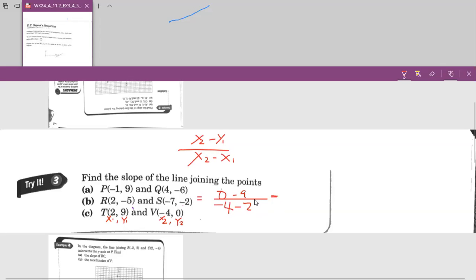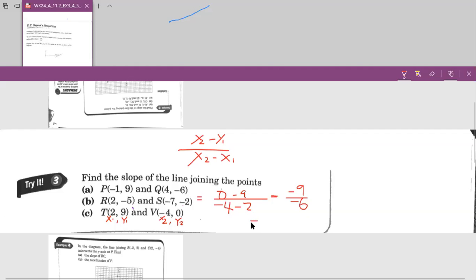So what is the answer for 0 minus 9 on the top? Negative 9. Excellent, negative 9 over negative 6. Good job. Okay.